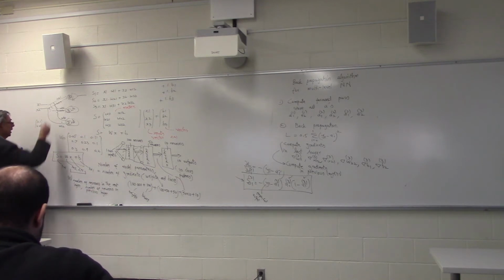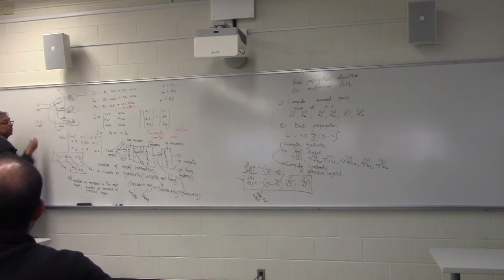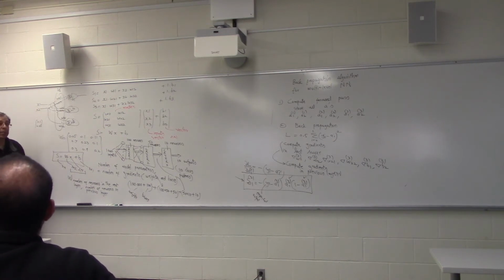So for example, let's focus on this part. We wanted to know what is the size of this matrix, whether it's 3 by 2 or 2 by 3. That's what I wanted to indicate.